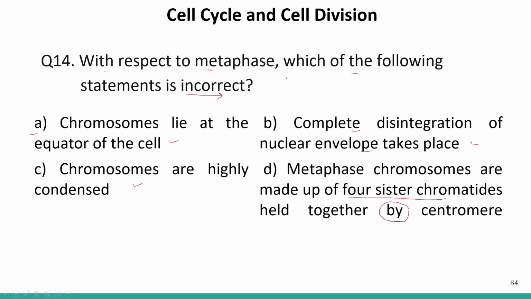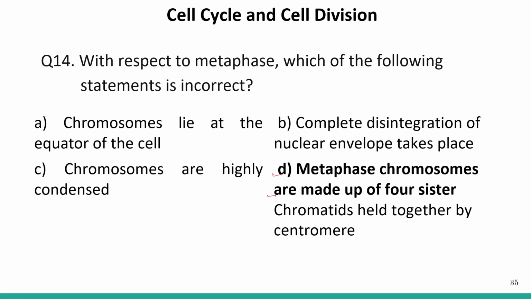We have to identify the incorrect statement, so the answer should be D. This is the incorrect statement. Metaphase chromosomes are made up of 2 sister chromatids held together by the centromere.